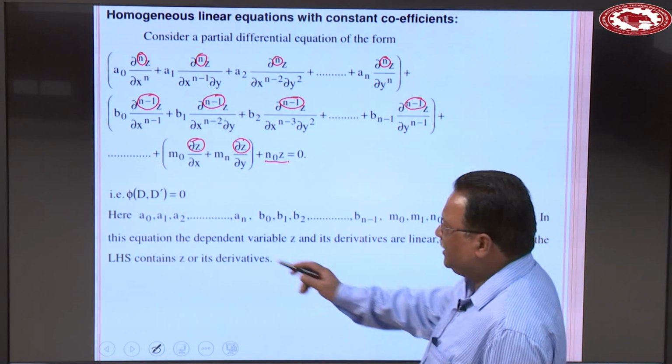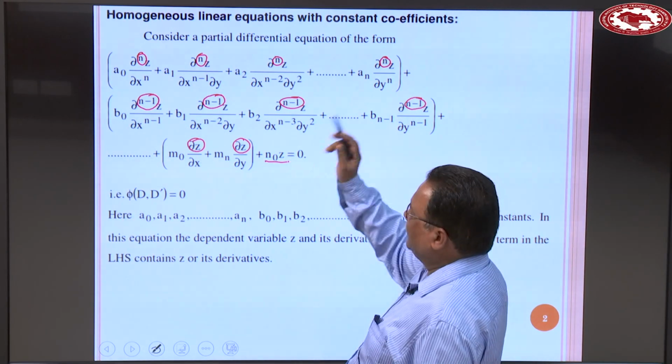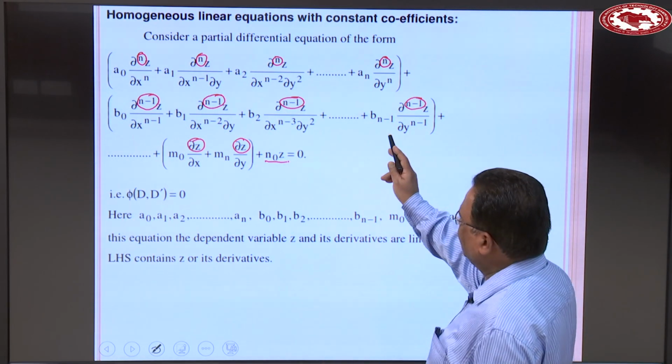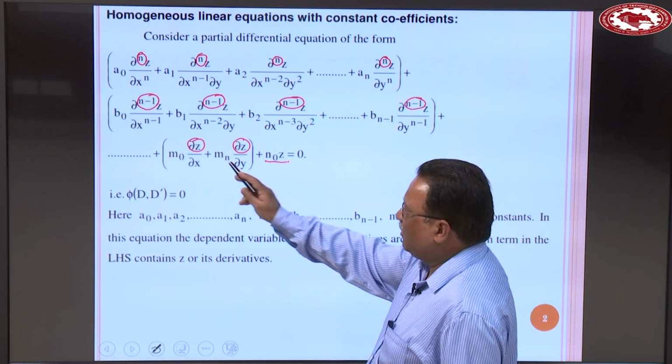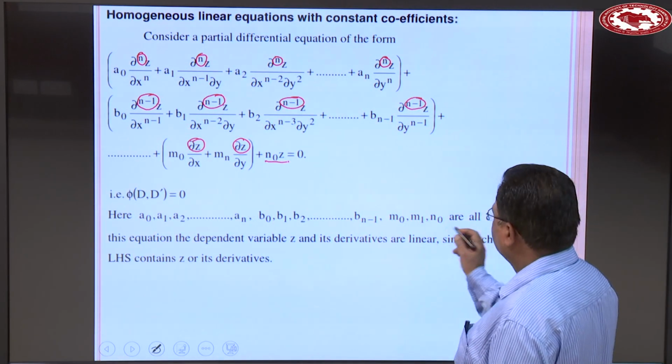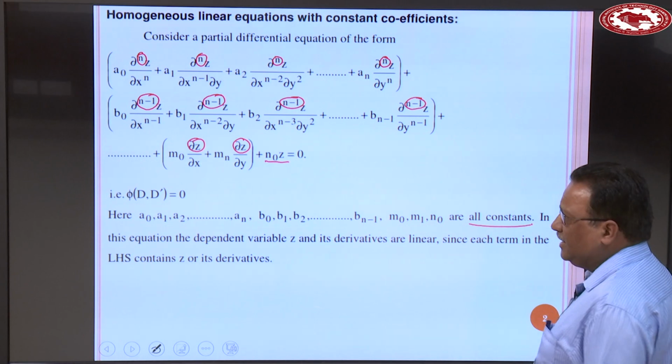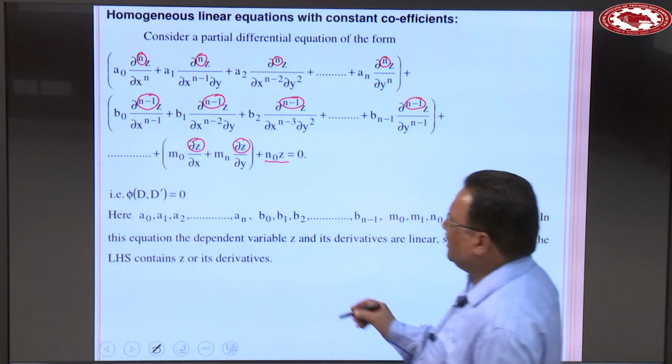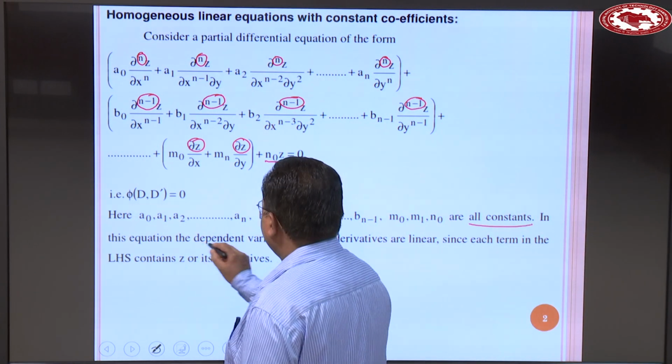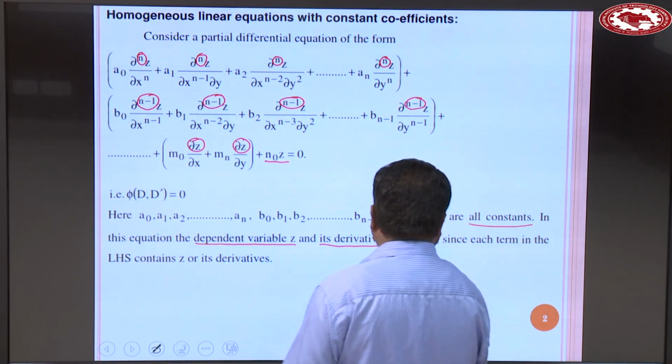Here a naught, a1, a2 up to an, b naught, b1, b2 up to bn minus 1, m naught, mn, and all these things are constants. And in this equation the dependent variable z and its derivatives are linear.